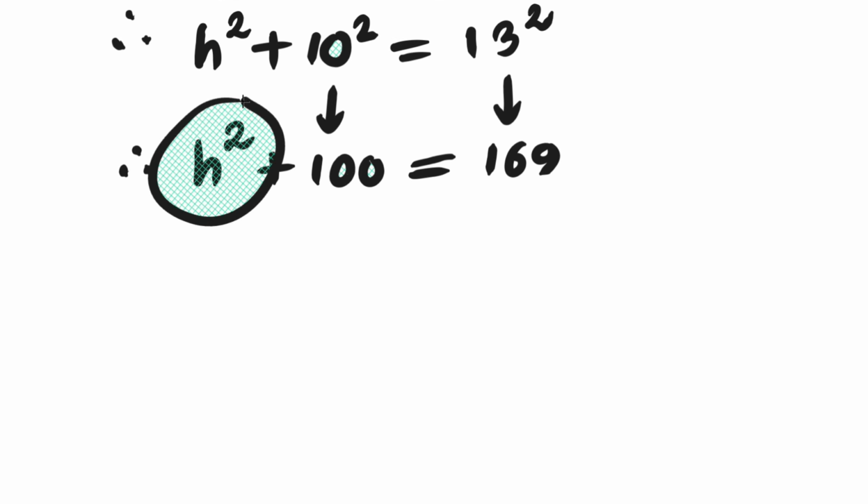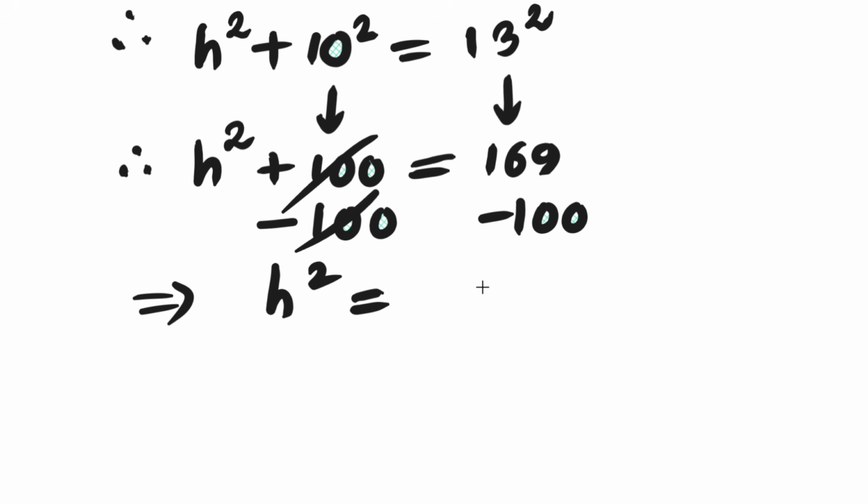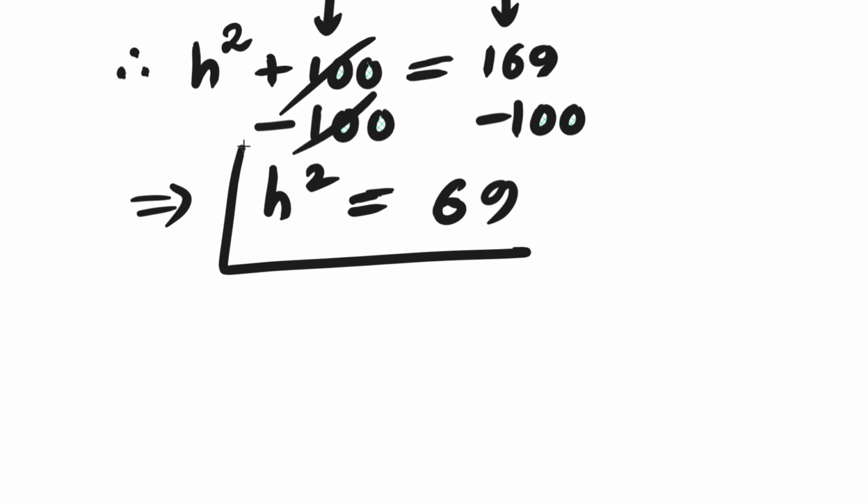Next, we want h squared by itself. To do that, subtract 100 from both sides. On the left, the positive 100 and negative 100 cancel each other, leaving h squared. On the right, 169 minus 100 gives 69. Therefore, h squared equals 69.